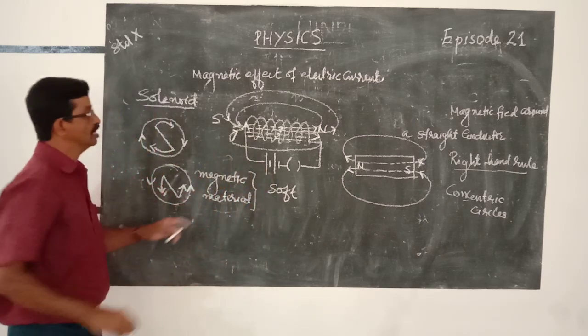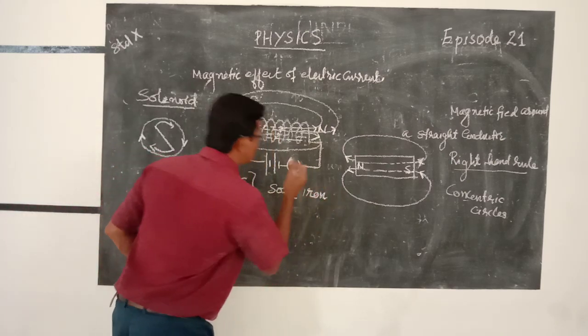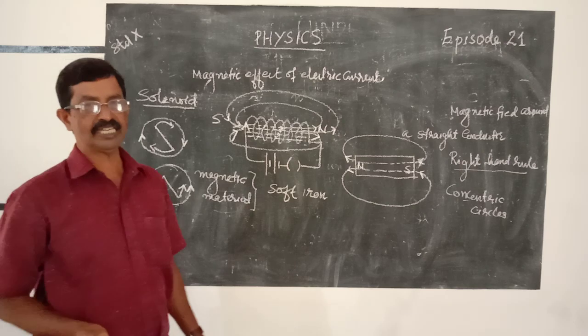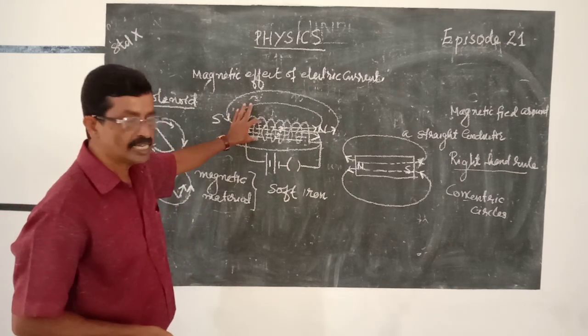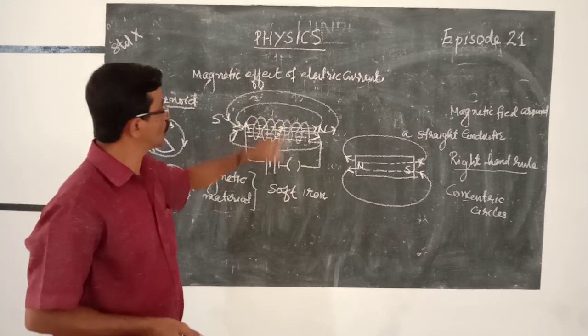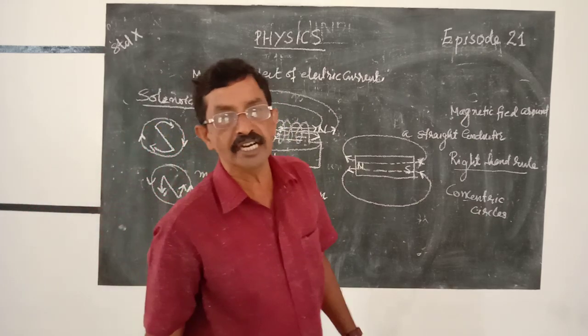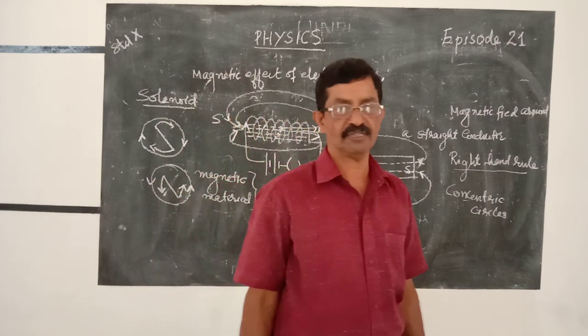Here you see soft iron. Soft iron is a magnetic material. So when we place soft iron inside the solenoid, that becomes a very strong magnet.